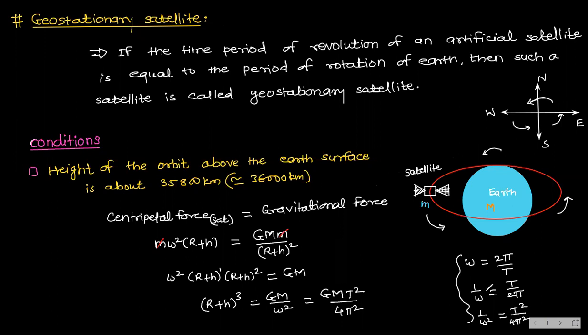Now, see what we got. (R plus H) whole cube is equal to GM into T square by 4 pi square. If we take the cube root on both sides, what will we get? R plus H is equal to (GM T square by 4 pi square) whole power 1 by 3.